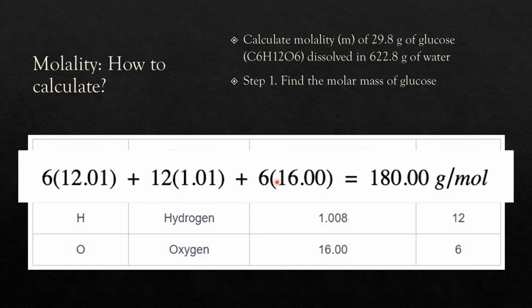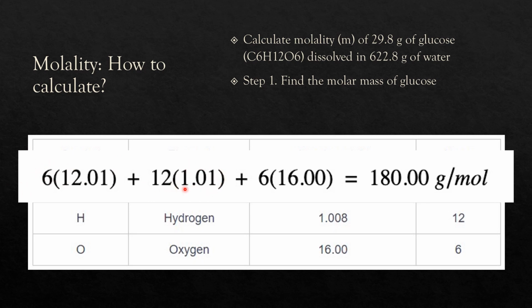The next step is that we are now going to add the individual molar mass of our elements, and we need to multiply that by their number. For example, for carbon, our atomic weight is 12.01, so we multiply that by the number of carbons.